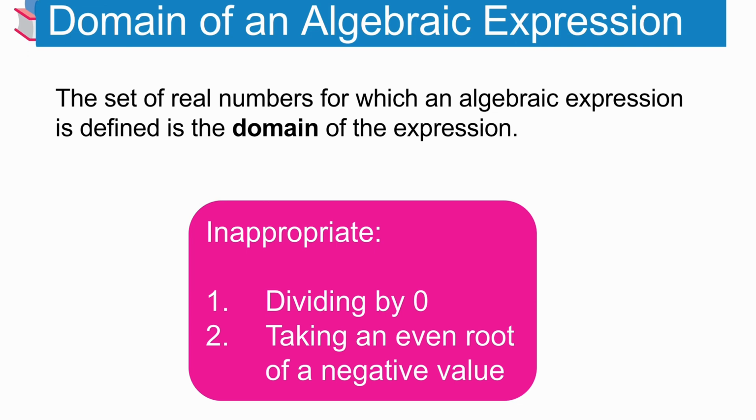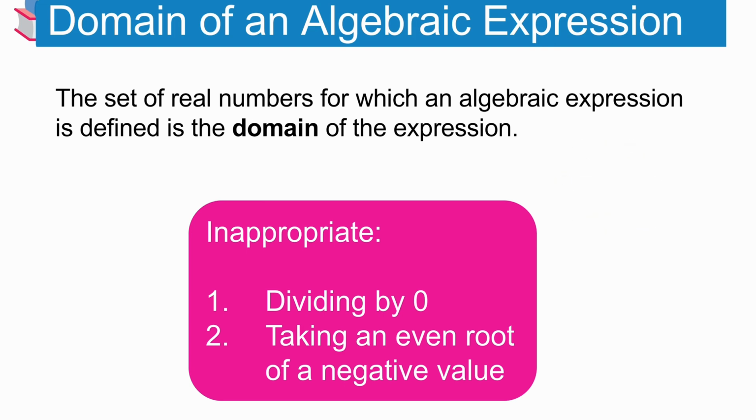You've got the set of real numbers, and if you have just a normal polynomial, the whole set of real numbers is your domain. But if you have a rational expression, then you're going to have basically a polynomial over a polynomial.